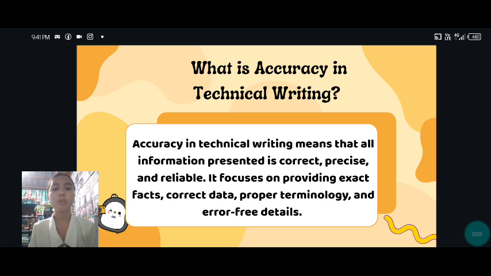So this includes correct numerical values, accurate instructions, appropriate technical terms, and proper grammar and spelling. Because even small errors such as wrong unit of measurement or misspelled terms can lead to misunderstanding or incorrect actions. Therefore, technical writers must verify facts, use credible sources, and also review their work to maintain accuracy.